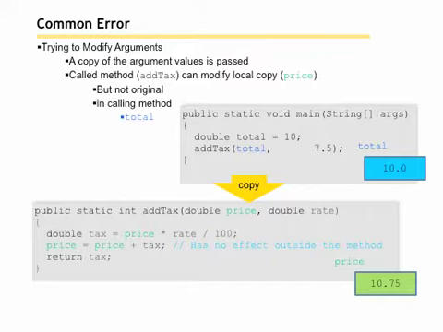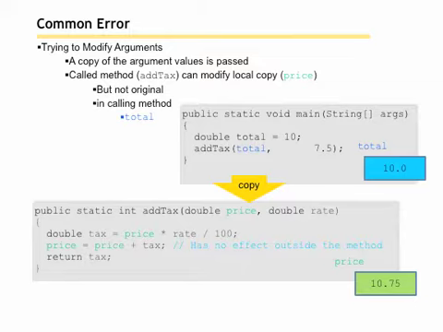For example, if we have a variable inside the main method, double total equals 10, and then we call addTax, and we pass it total and 7.5, total equals 10, so we pass that value down to addTax, and price becomes 10, rate becomes 7.5.